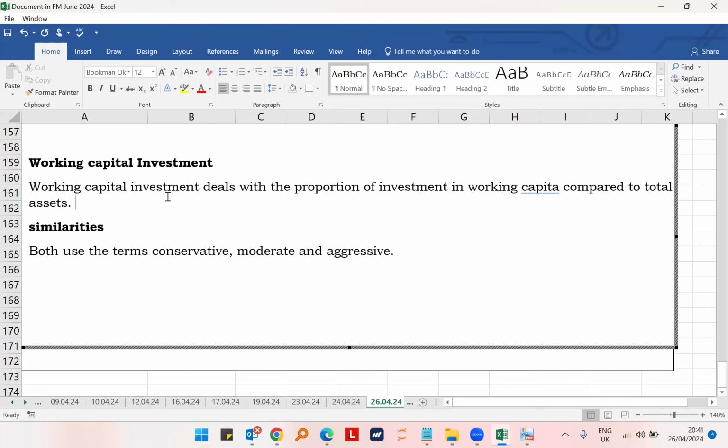Okay, so some companies invest more in non-current assets as opposed to working capital.